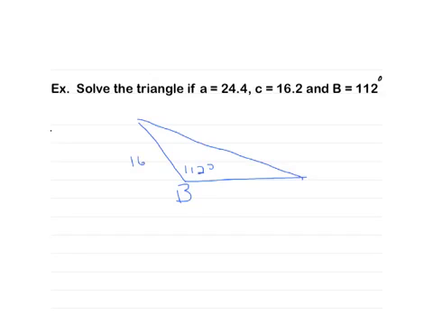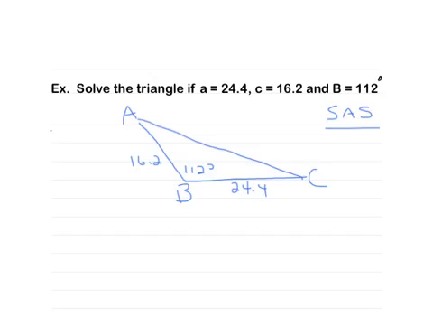I'll make this my smaller side of 16.2, so this is angle C, and this is my larger side, so that's going to be opposite the angle A. And you'll see that I have what we call side, angle, side. I have a side, and then I have the angle between it and another side. And this is going to be a case where you can use the law of cosines.